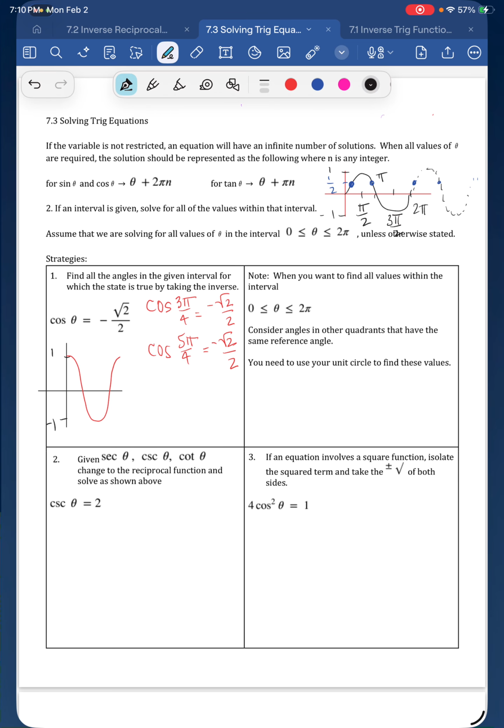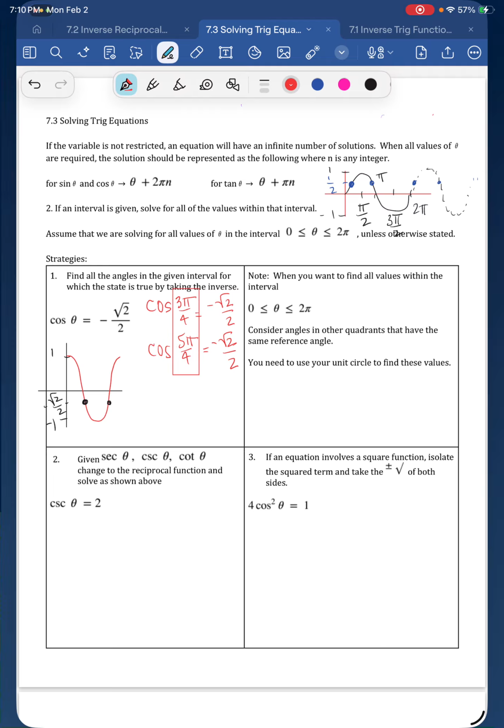And -√2/2, I don't know, -√2/2 is somewhere here. There are two places where -√2/2 intersects the cosine curve. And it intersects the cosine curve here and here. And those two angle measures are 3 pi over 4 and 5 pi over 4.